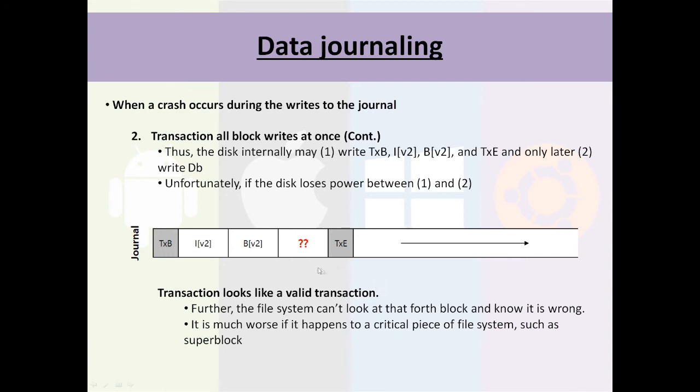So say we were updating the super block over here, and this would lead to garbage data in the super block, the file system might become unmountable. So that's obviously a big issue if we have this interleaving of journal transaction writes that could occur due to the disk losing power, for example, or the interleaving of the scheduling.